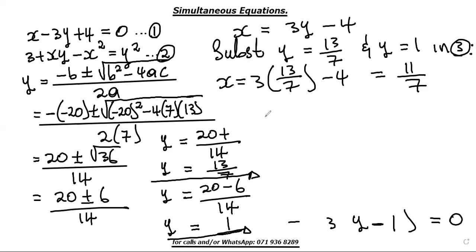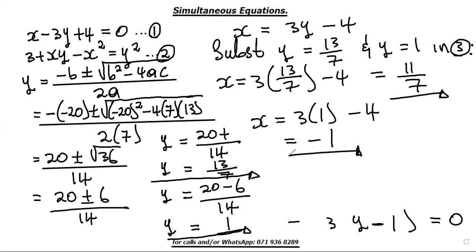And then the second x value will be 3 into 1 minus 4. So 3 times 1 is 3, minus 4, it's just going to be negative 1. So these are the corresponding x values when the y values are those much.